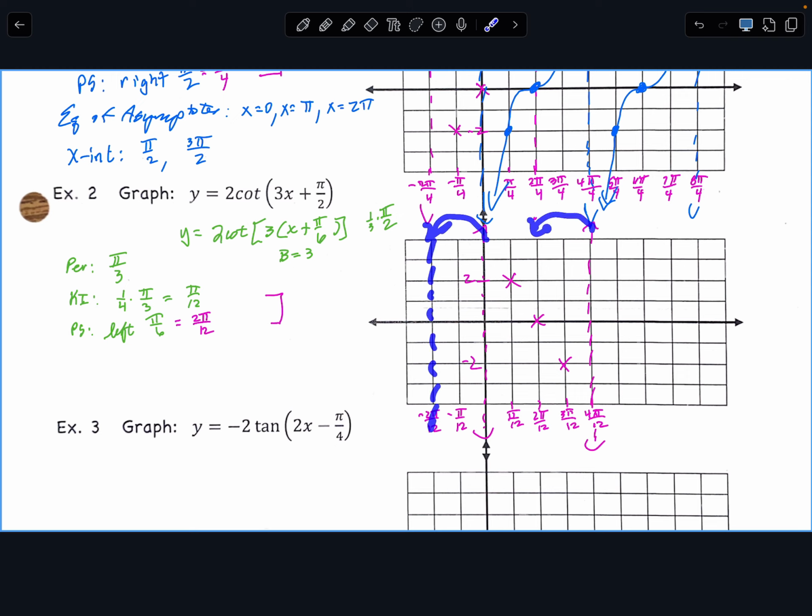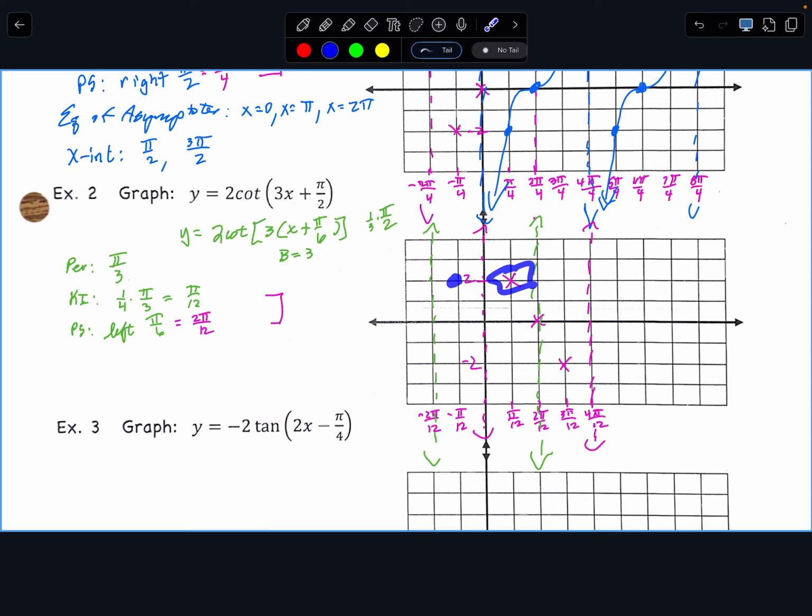And this asymptote is going to move 2 to the left and be here. So moving all of these 2 pi twelfths to the left, moves it there.